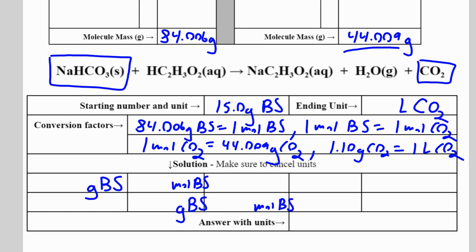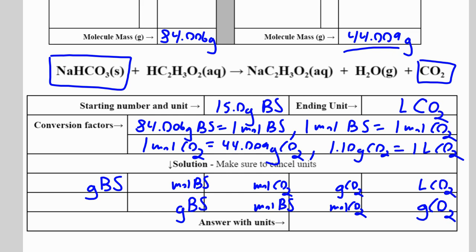Diagonals are always going to be the same. And this next conversion is from moles of baking soda to moles of CO2. Your roadmap can help you with this also. And that means I need to have moles of CO2 down here. And my next conversion is from moles of CO2 to grams of CO2, which means I need to have grams of CO2 down here. And my last conversion is from grams of CO2 to liters of CO2.